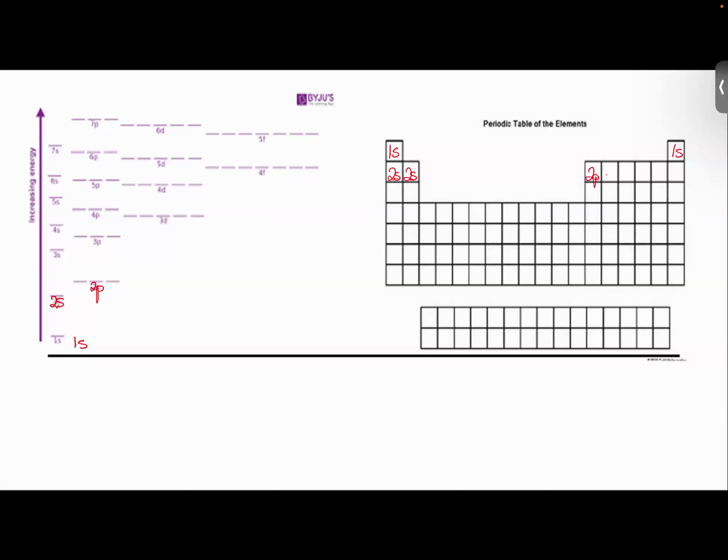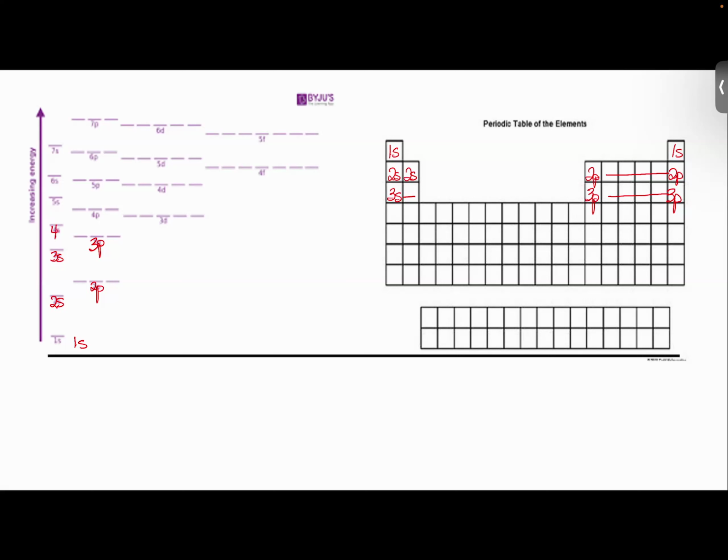Boron through neon are 2p. The next thing that is listed is the 3s. Sodium and magnesium are the 3s. The next thing that is listed is the 3p. Aluminum through argon are the 3p's.